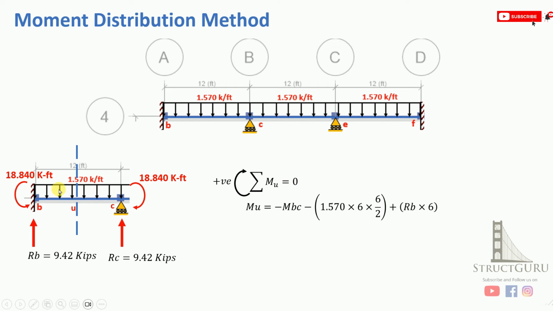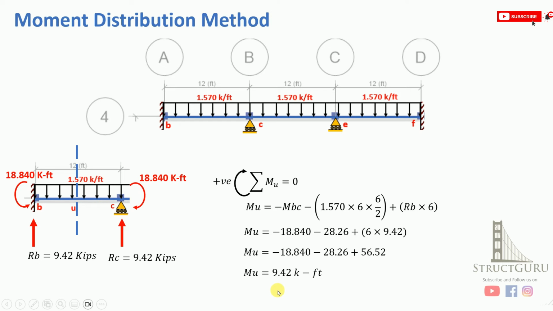After that, this load will be producing a moment, so 1.570 multiplied by 6 multiplied by half of the 6, and this will be anti-clockwise. Put the values, and you'll be getting MU as 9.42. So that means the moment produced at the middle of this span is 9.4.